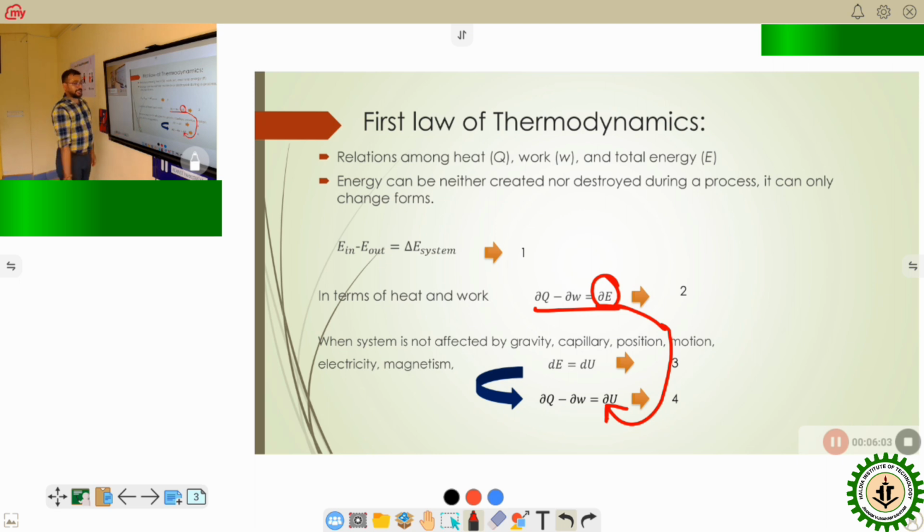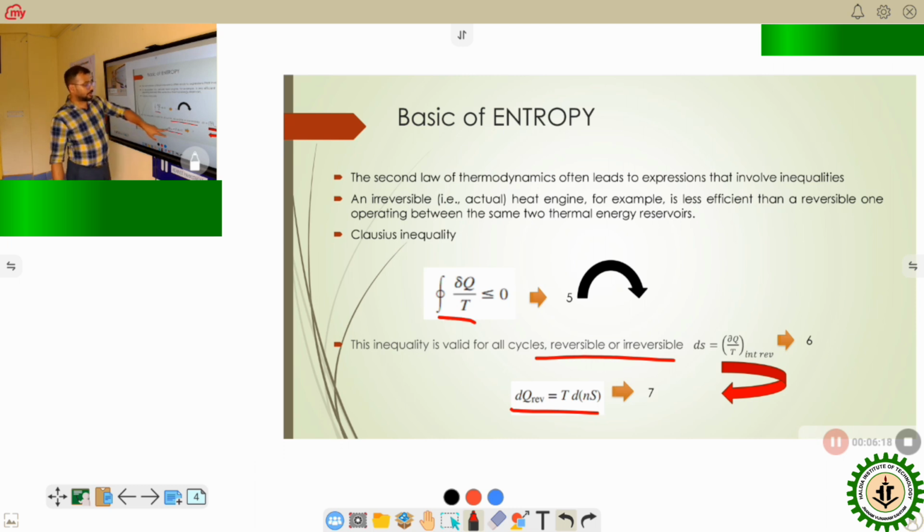So del Q minus del W is equal to dU, which we can get, or this fundamental relation, or the energy relation, we can get from the first law of thermodynamics. And this equation dQ equals TdS or Td(nS) will give the information about the entropy from the second law of thermodynamics, and that entropy is not directly measured by the system.